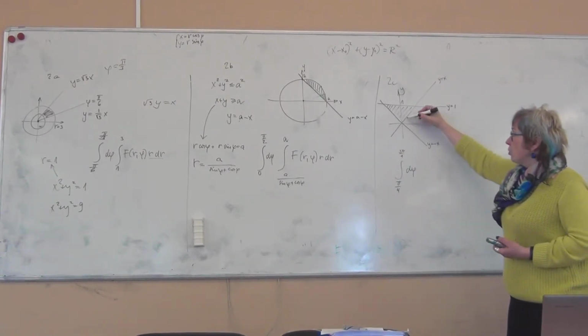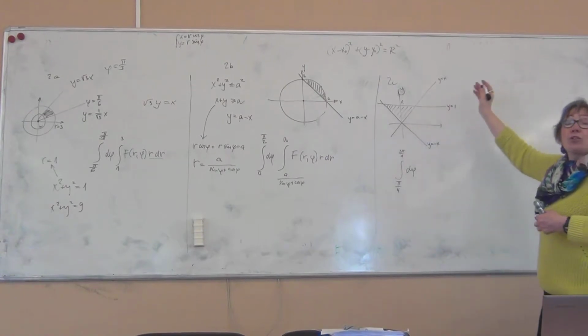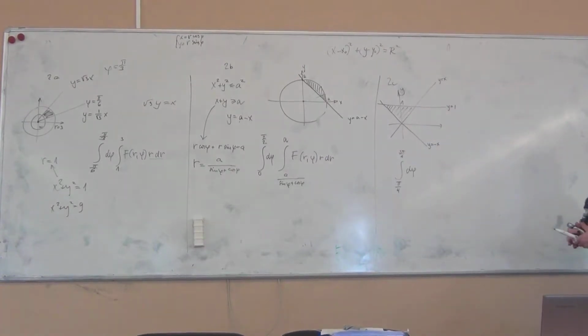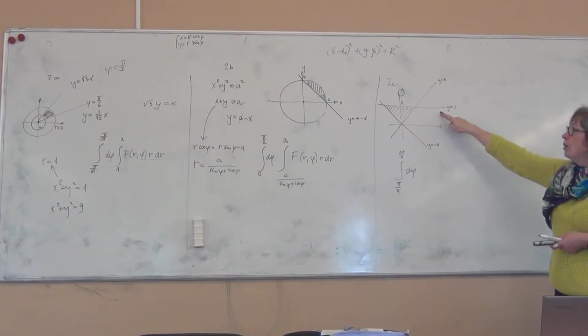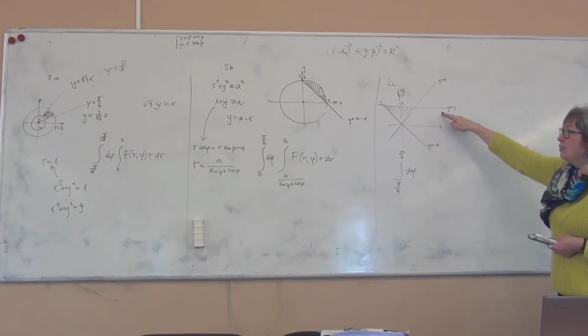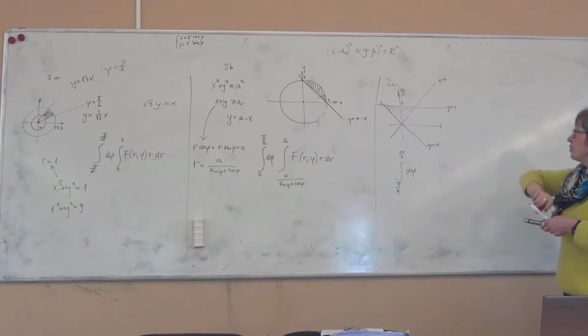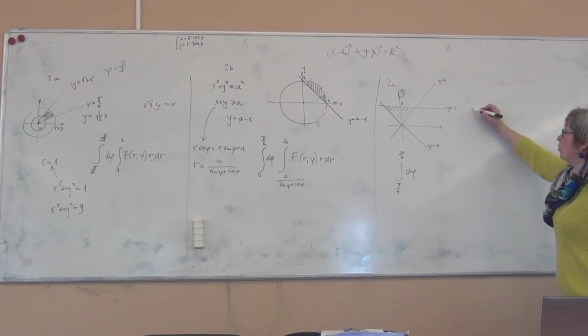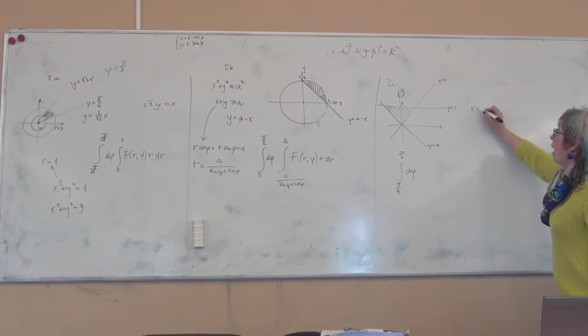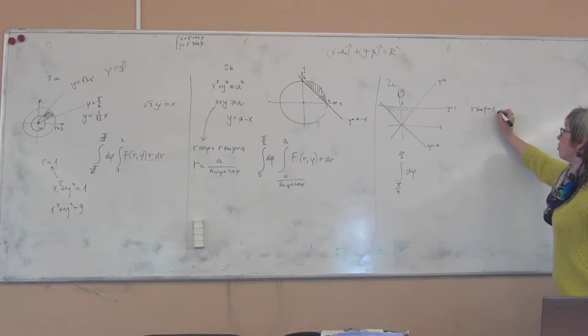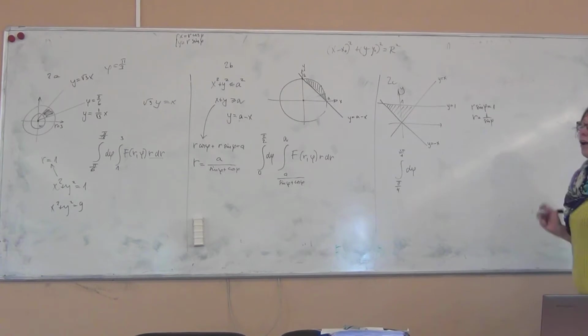Because this angle is obviously 45 degrees, as we are talking about the bisectors of the first and the second quadrant, the diagonals of squares. Now, how to do this line in polar coordinates? What we have to write is r sine phi equals 1, so r equals 1 over sine phi.